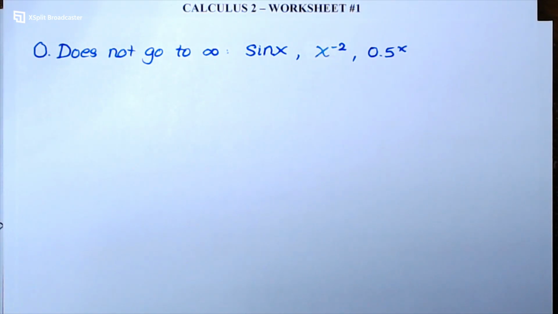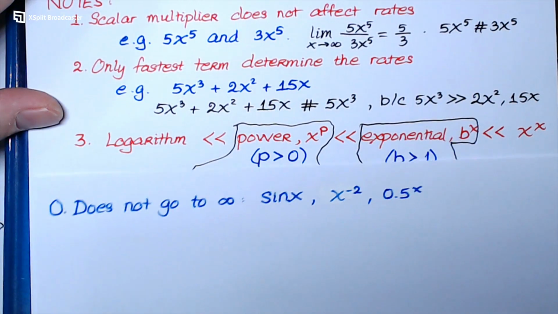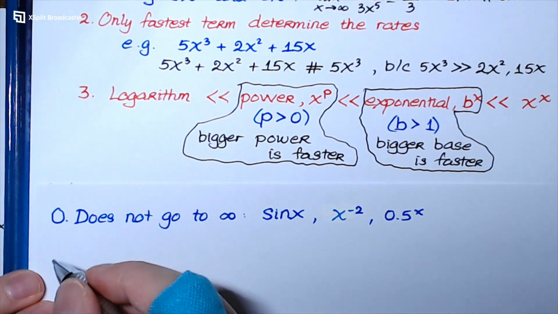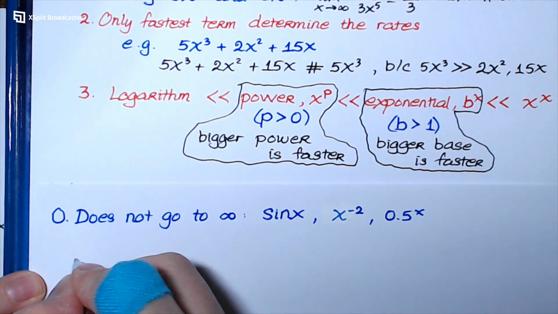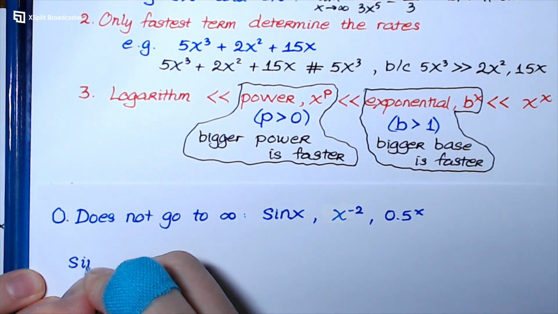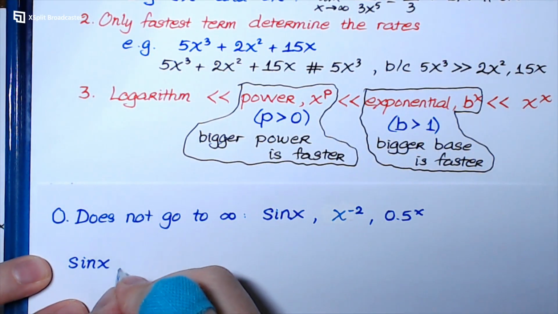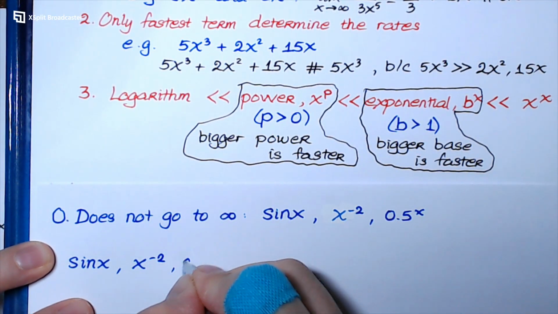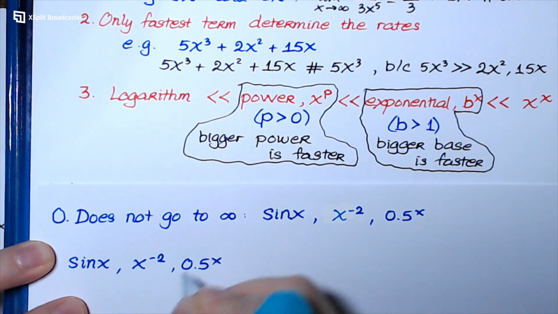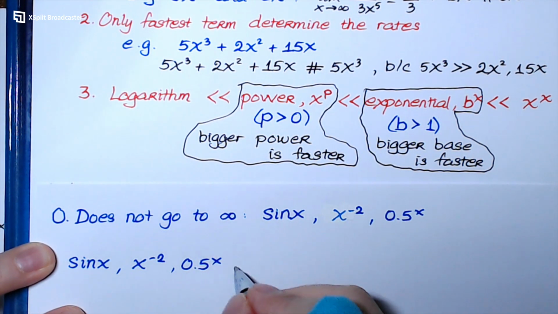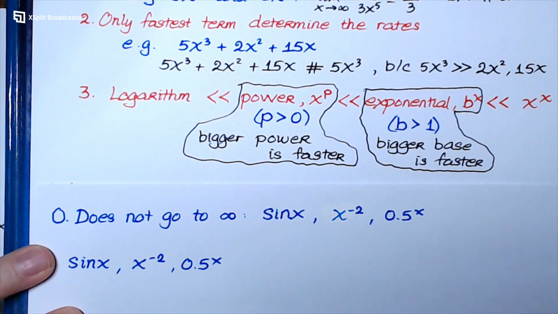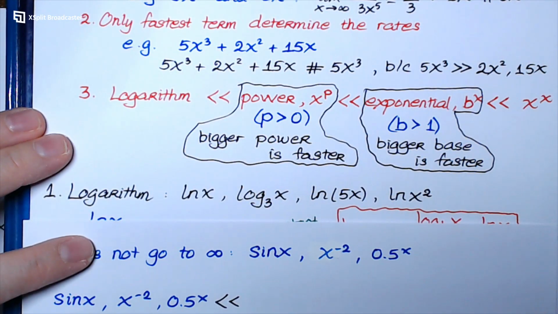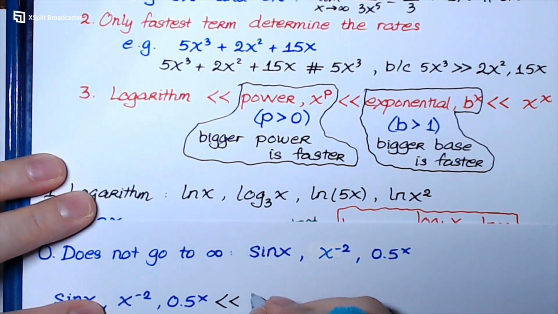Okay, let's put it all together as a conclusion. So first, by the way, there are 16 of them. Let's just count and rank. The first three are these three functions that do not go to infinity. And then next, we have the logs. So I'm just going to write all the logs here.